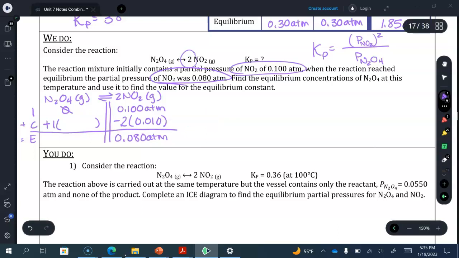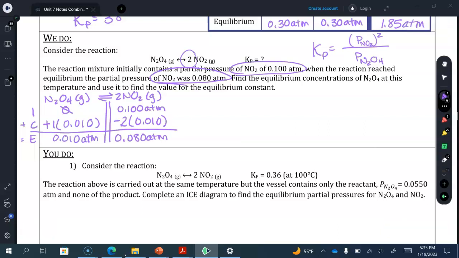Since this is how the reaction is changing, everything has to change like that, so everything in my parentheses is going to be there. Then I do 0 plus 1 times this value, and that gives me the equilibrium partial pressure for N2O4. Now that I know the equilibrium partial pressures for all the species in the reaction, I can use my Kp to solve.